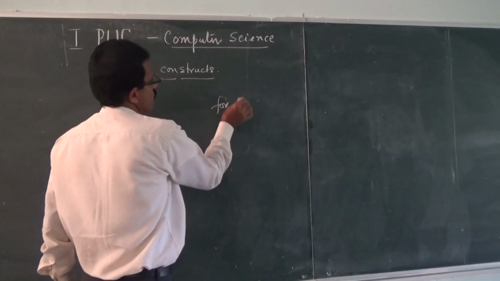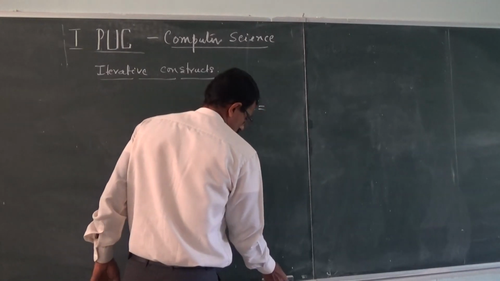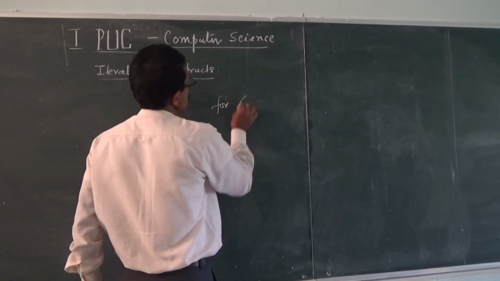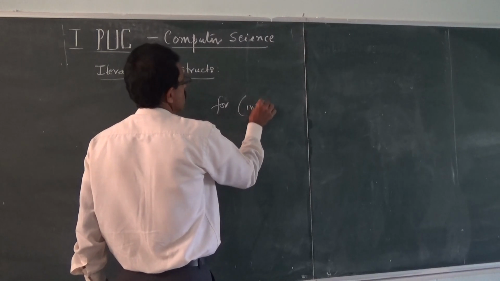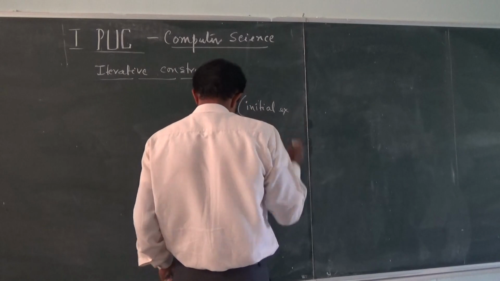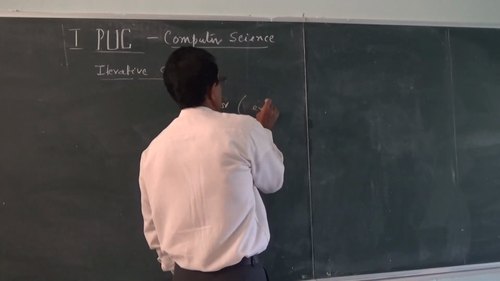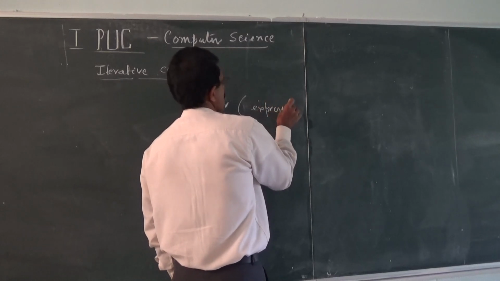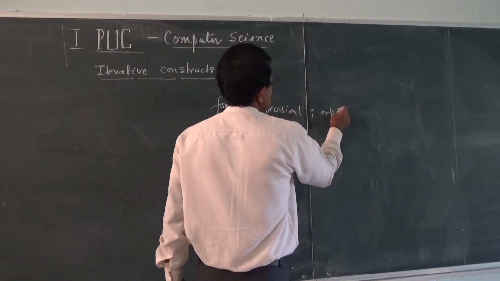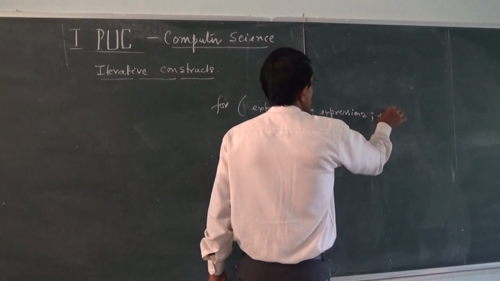So for I is equal to initial value, or we can just write expression 1, expression 2, and expression 3.